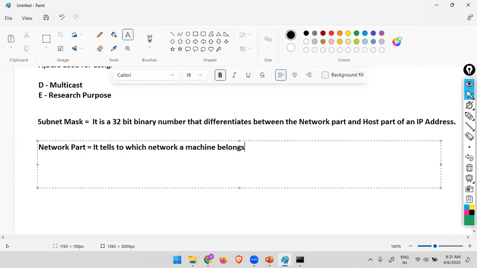Whatever your node is that has the IP address, the network part is going to tell you to which network it belongs. And when we discuss the host part, it is the number, or you can say the address, of the machine in the network.